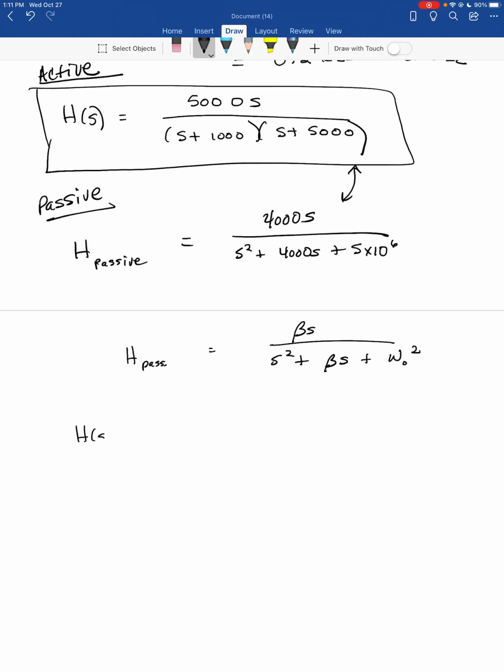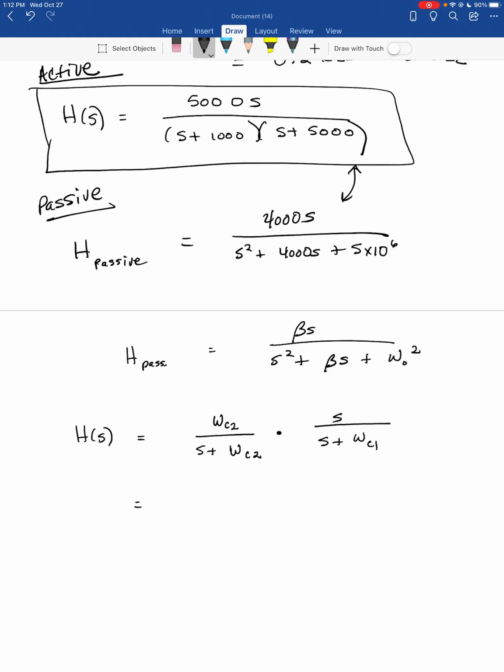The active transfer function, if you multiply 1 over RC over S plus 1 over RC, and let's call that omega C1 or omega C2, because remember the low pass is the higher cutoff. So omega C2 over S plus omega C2 times S over S plus omega C1.